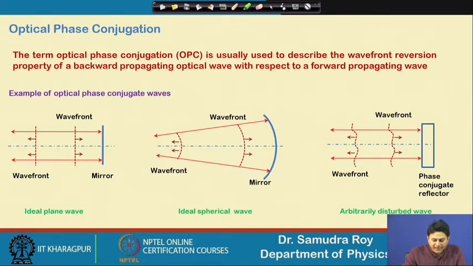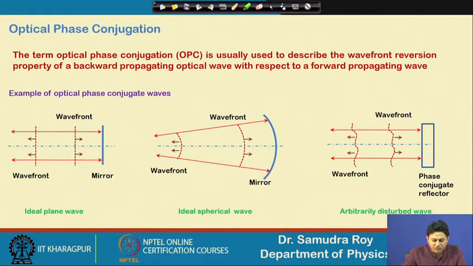Another example of the ideal phase conjugation system is the ideal spherical wave. Here, instead of a straight mirror, we have a spherical mirror, and this spherical mirror has some sort of curvature.